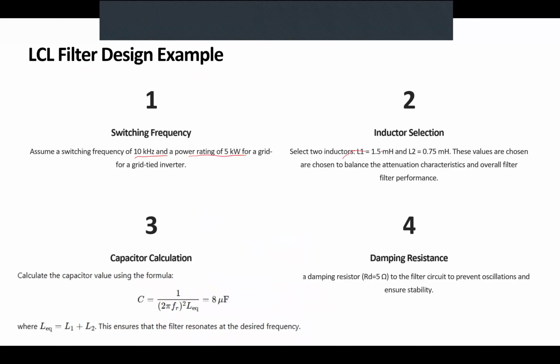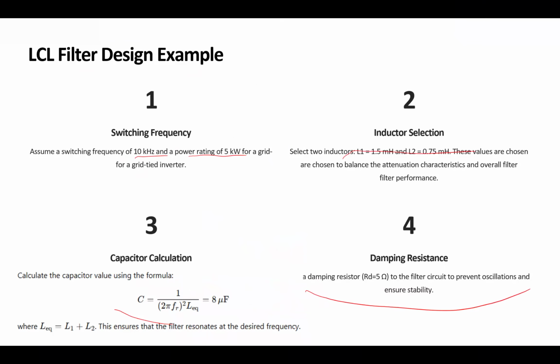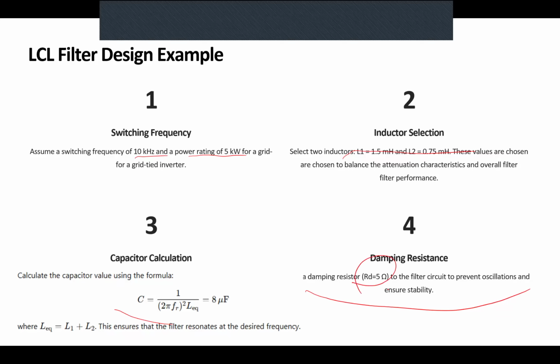We could choose our two L values and calculate our C. For the damping resistor, we could use the formulas: the equation of the LCL filter is a second-order differential equation that describes the dynamics of the LCL filter, to find the damping resistance that we need for our LCL filter.